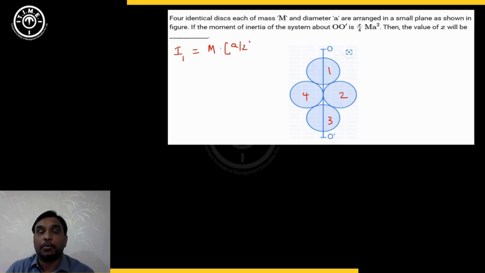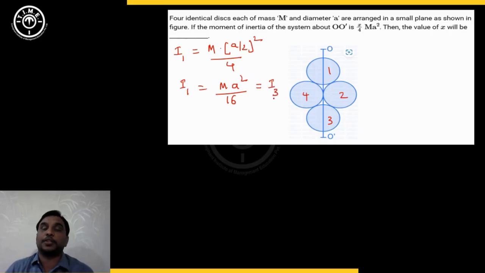Simplifying, the moment of inertia of the first disc is ma square by 16. This is also the same for the third disc, because the first and third discs are identical and the axis passes through the center along a diameter.